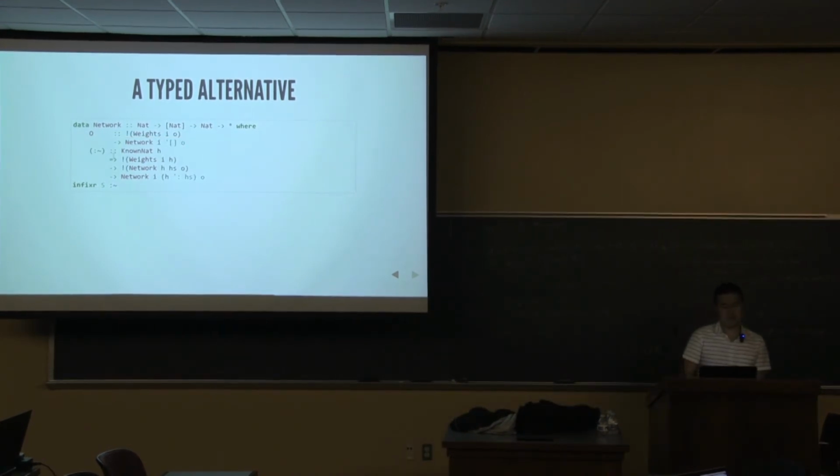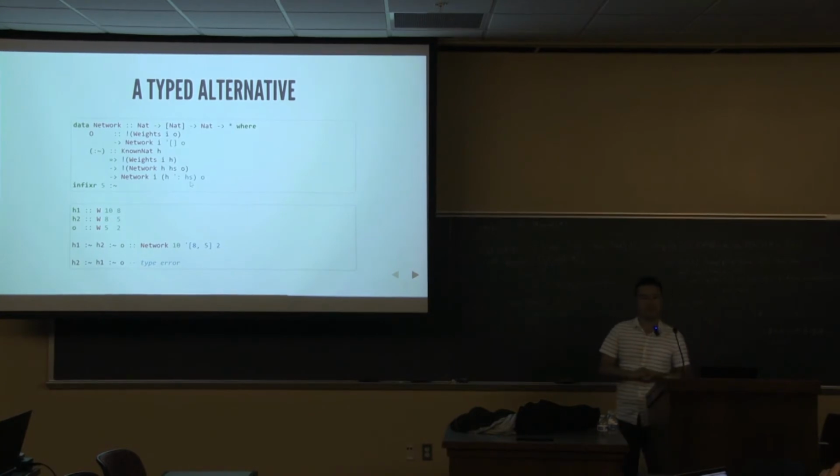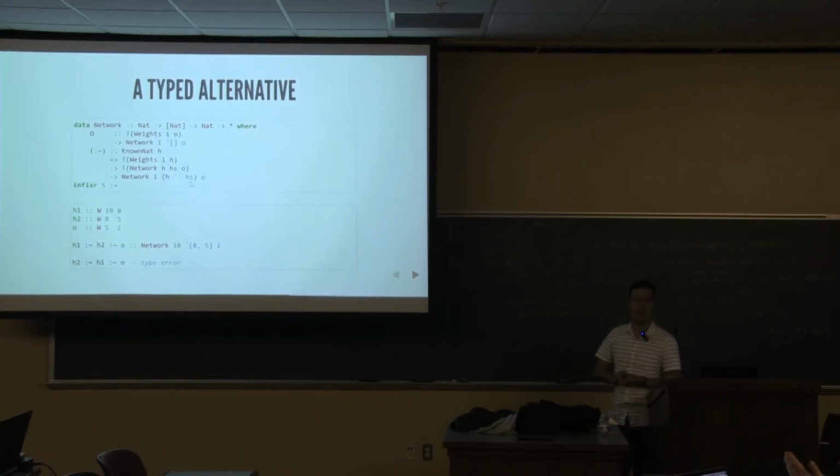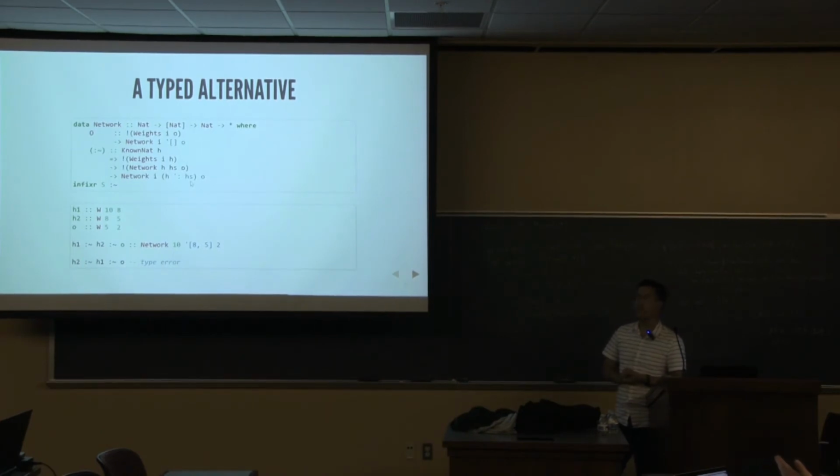Using our new cons, if we give weights from I to H and a network from H to O, we now get a network that goes from I to O with a new hidden layer H, and H cons hs. So I find it really interesting that the KnownNat constraint, you only actually need it for cons. It wouldn't mean anything extra if you just defined it on weights, or you would be over-constraining the O constructor.